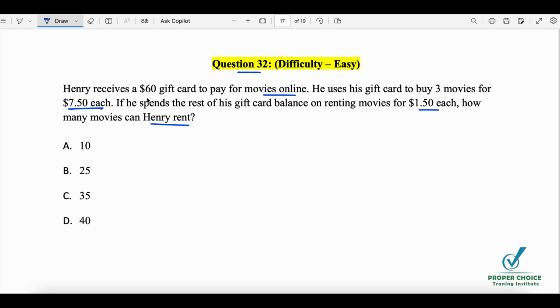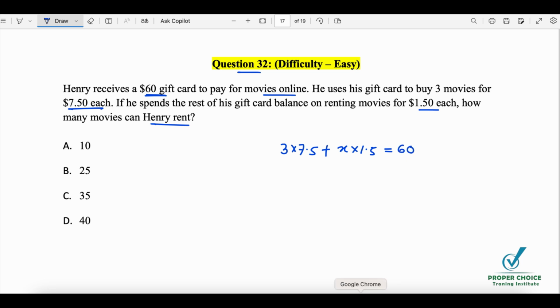The total he has is $60, and he buys 3 movies which cost $7.5 each. Then we can say 3 times 7.5 plus, consider Henry rents x number of movies which cost $1.5 each. This entire amount should be equal to $60.